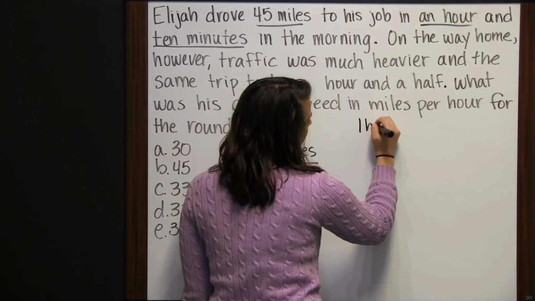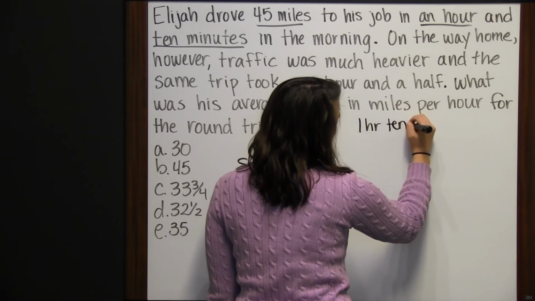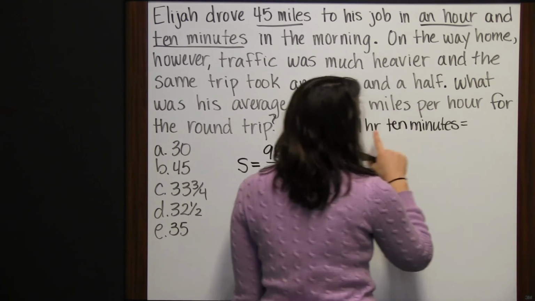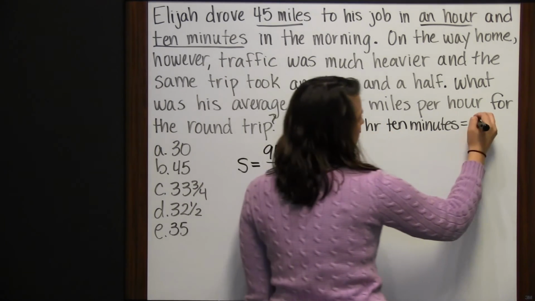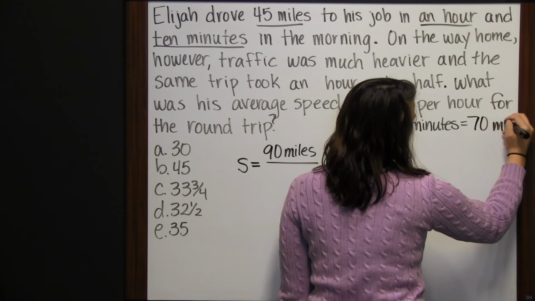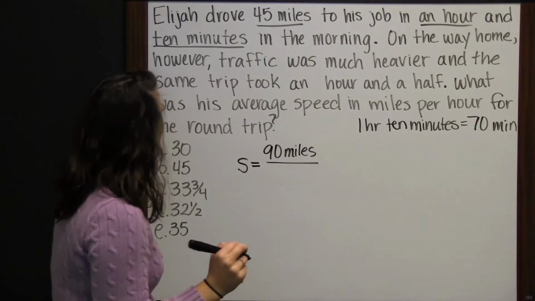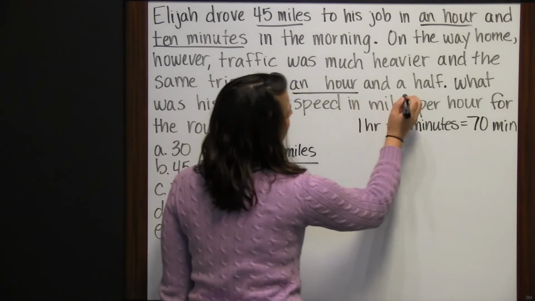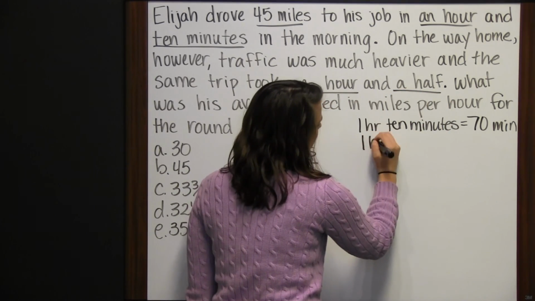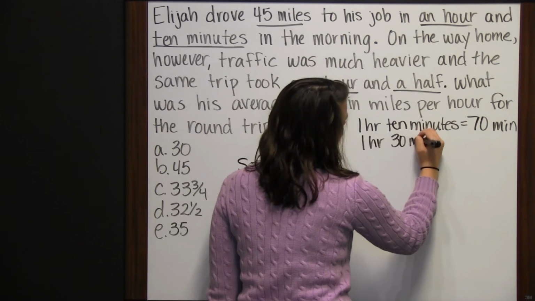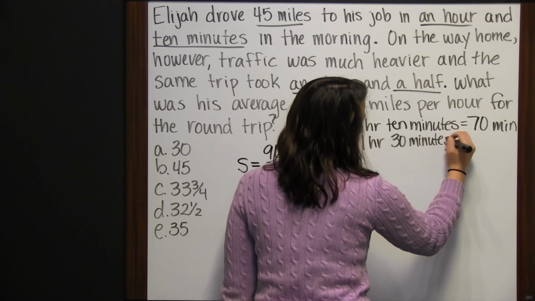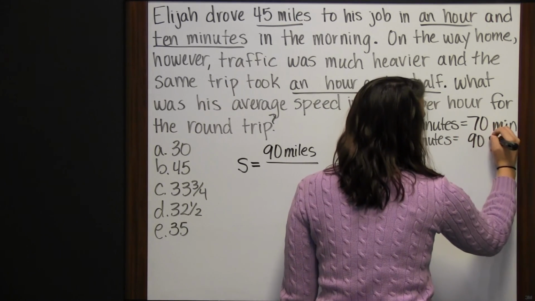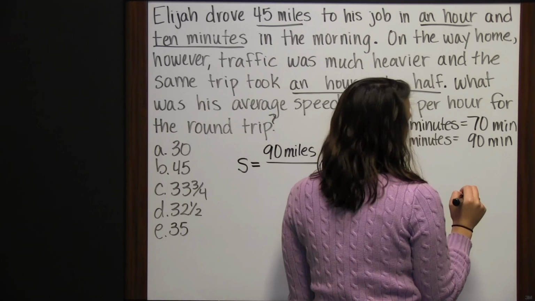So 1 hour and 10 minutes is a total of 60 minutes plus 10 minutes, 70 minutes. Then on the way home, it took him an hour and a half. So 1 hour, 30 minutes. Again, an hour is 60 minutes plus 30 minutes means a total of 90 minutes.